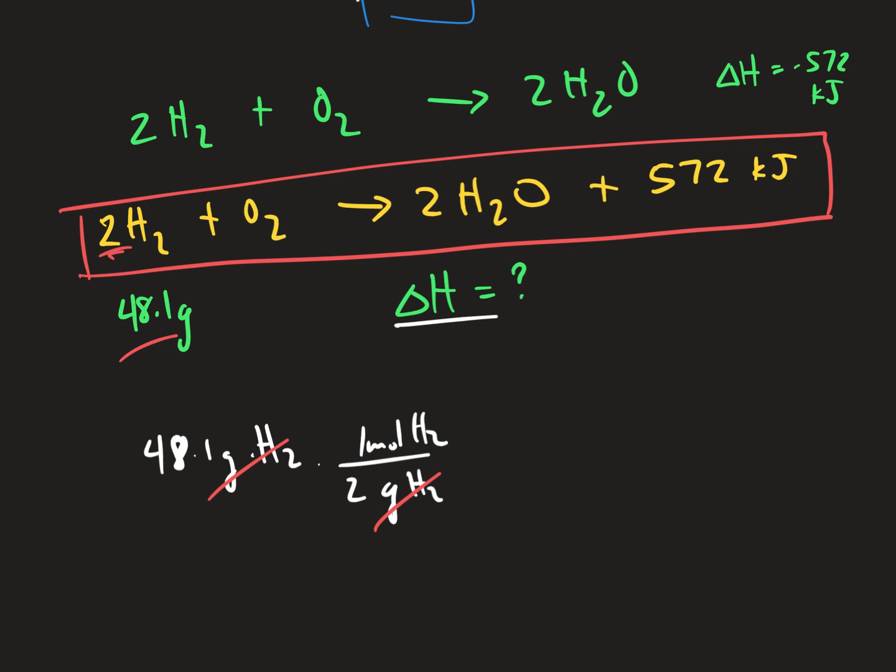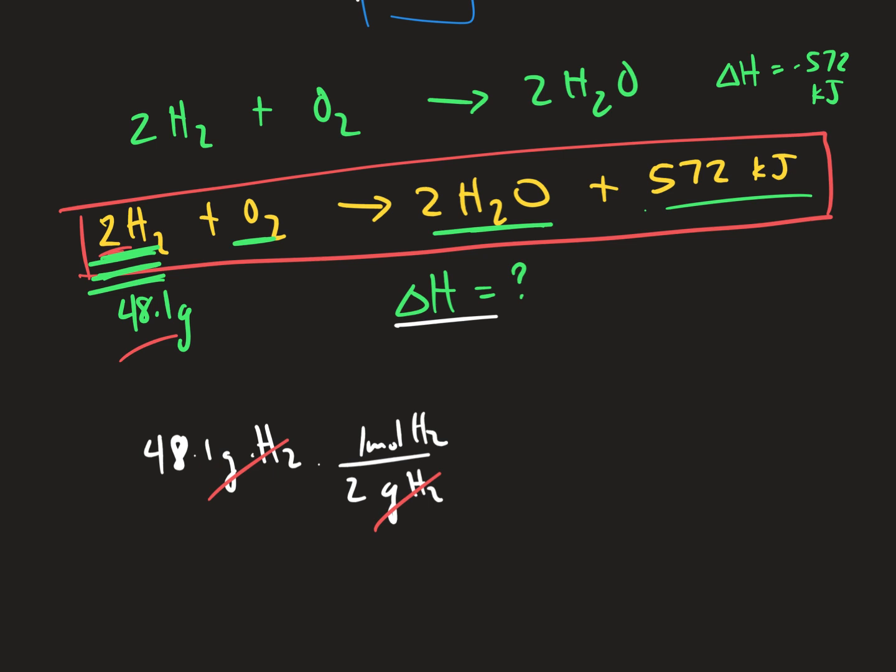How do we go to heat? Well, this says for every 2 moles of H2, we have 1 mole of O2, right? And for every 2 moles of H2, we have 2 moles of H2O. It also says for every 2 moles of H2, we have 572 kilojoules of heat released.